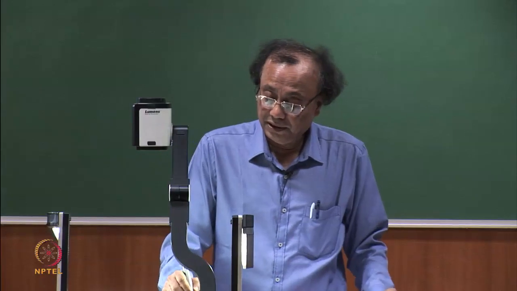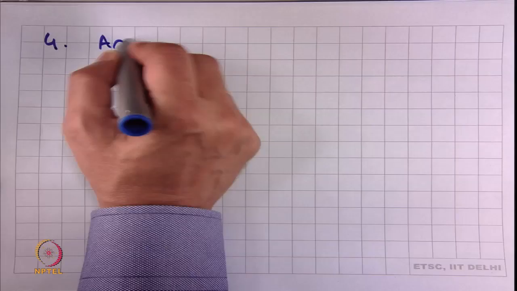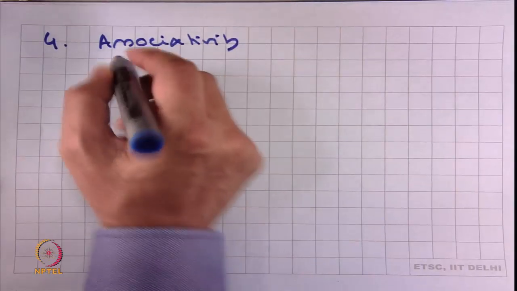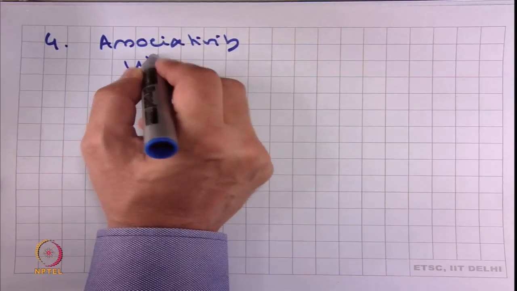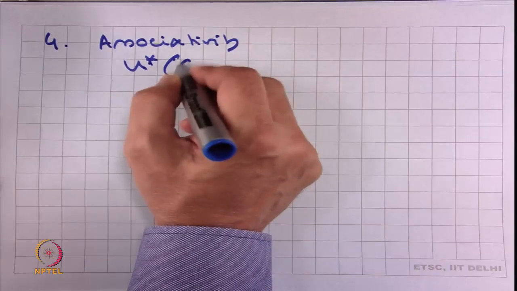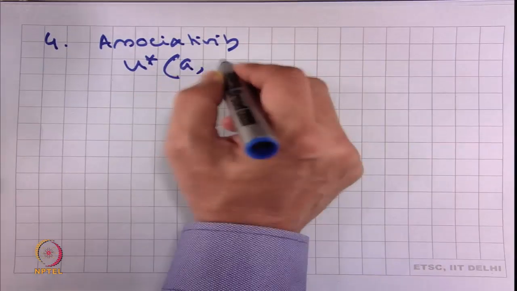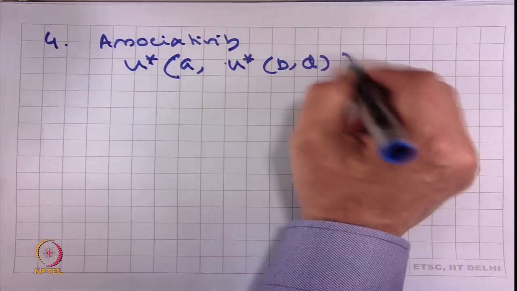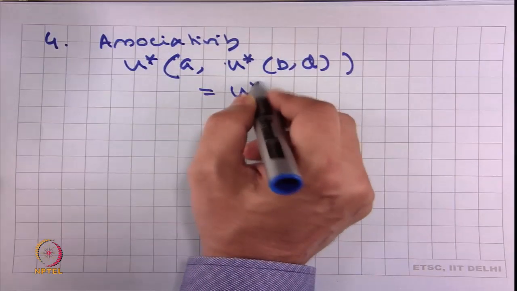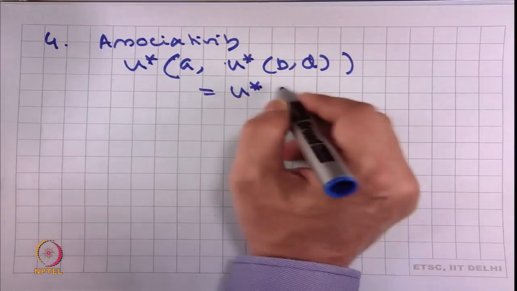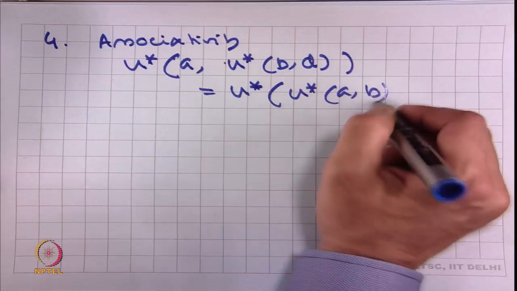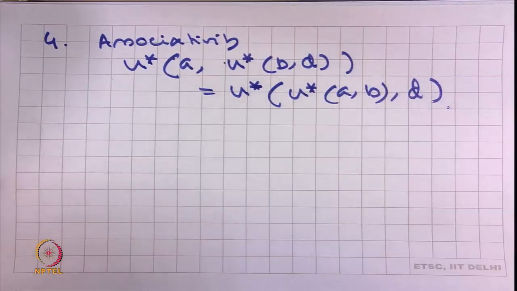The fourth property is associativity, that is u star of a comma u star of b comma d is equal to u star of a comma b comma d.